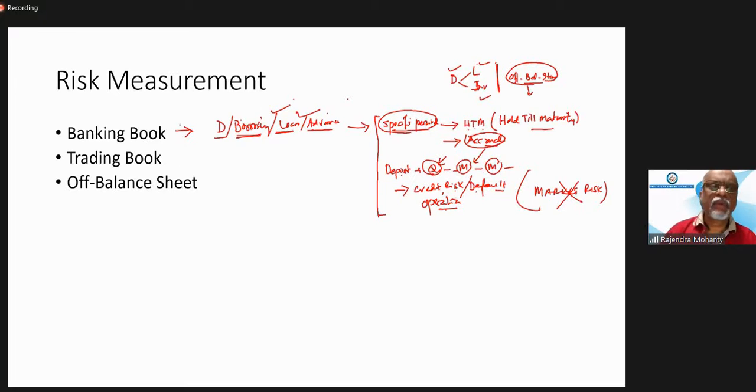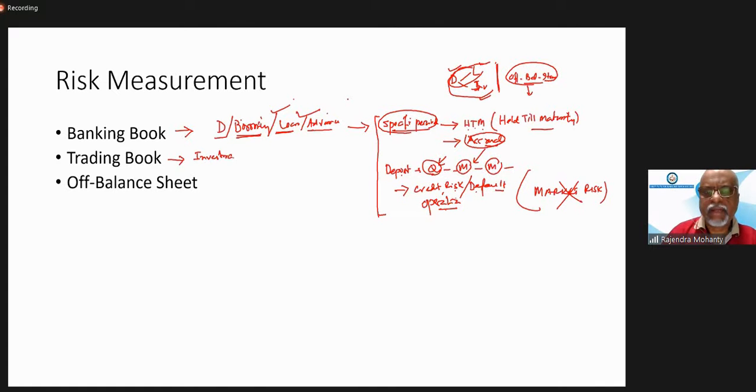Okay. So we have covered deposits, loans and advances. All of these are covered. Now the trading book: only this investment part is left. The trading book pertains to the market, or to the investment portfolio. Whatever transactions happen in the investment portfolio will be recorded in the trading book.